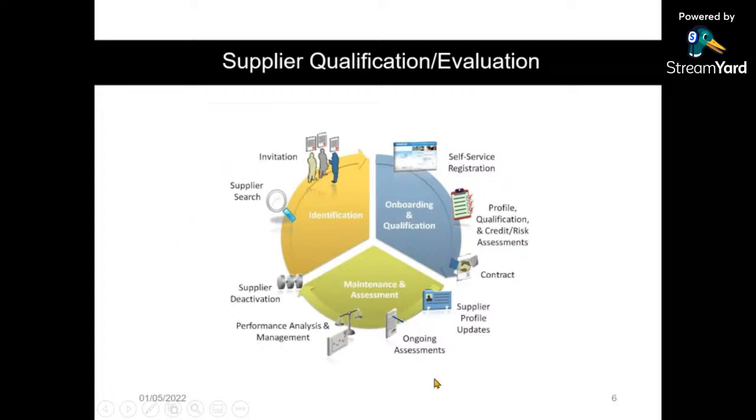So this life cycle, if you think about a business or an organization, they might need at least, let's say, 20-30 different kinds of products and services. So not one supplier is going to service everything. There might be different suppliers. If you take a specific raw material, there may be 10 to 15 suppliers in the market who are giving the best price.